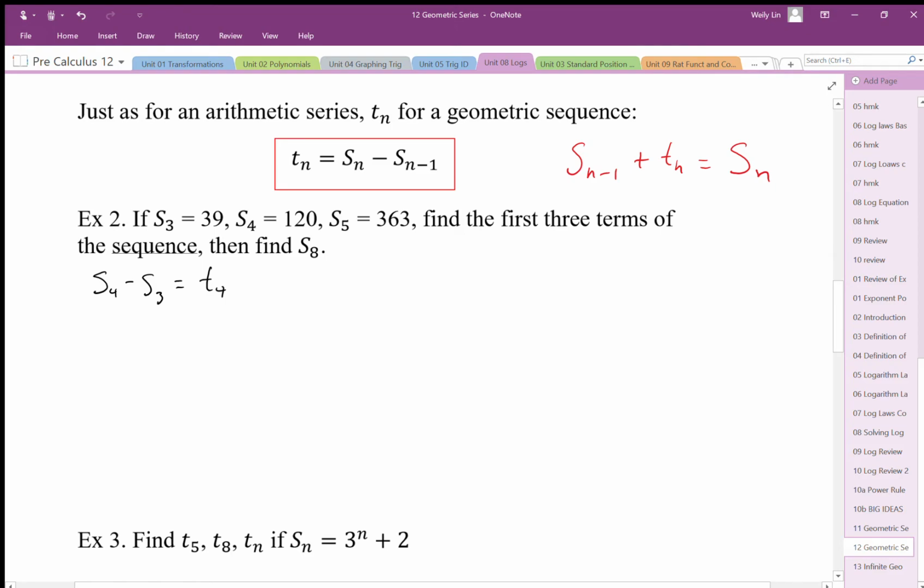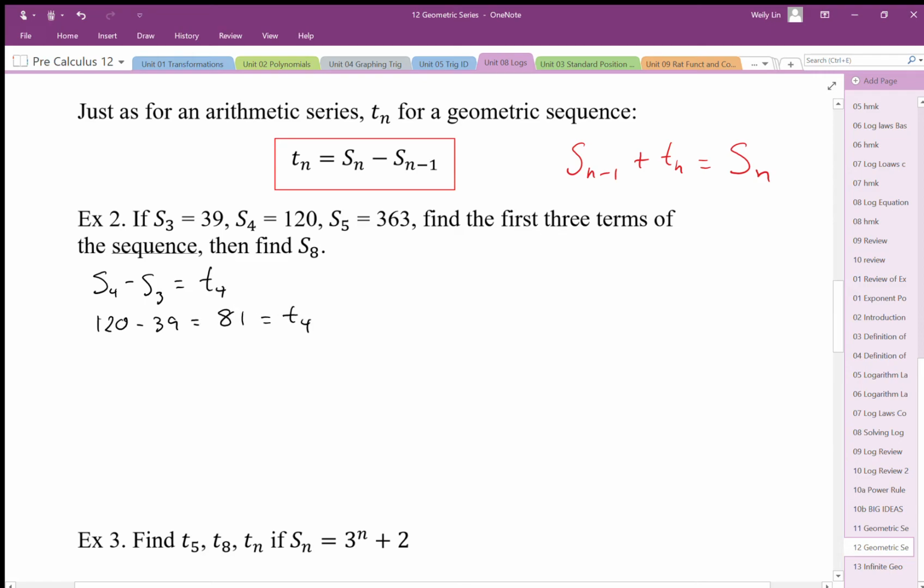Again, this works not just for geometric, it also works for arithmetic series, because that's the nature of a series. We're adding up terms. Not just with the arithmetic series, but in fact with any series. This allows us to get T4. In this case, T4, when I work this out, is equal to 81.